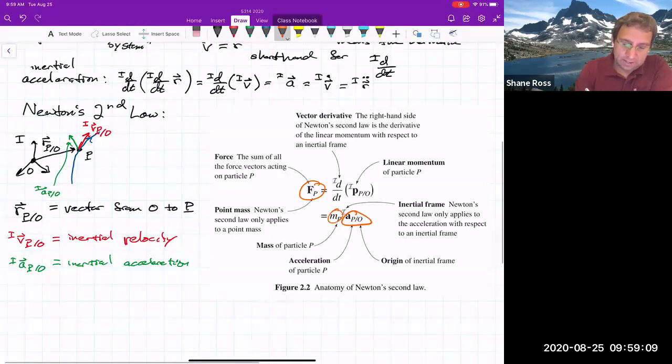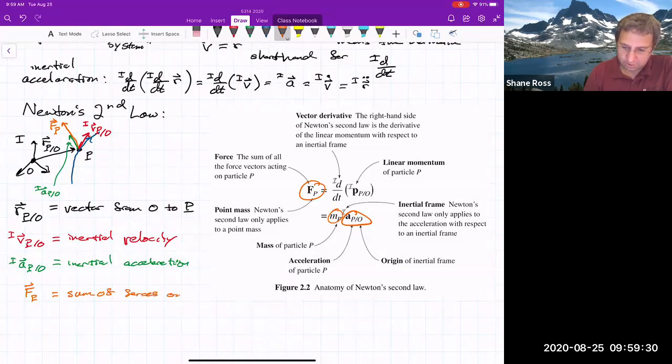So the acceleration, that green vector, is always going to be in the same direction as the total force on particle P. So what is this? This is the sum of forces on particle P, or point P. So it's total force.